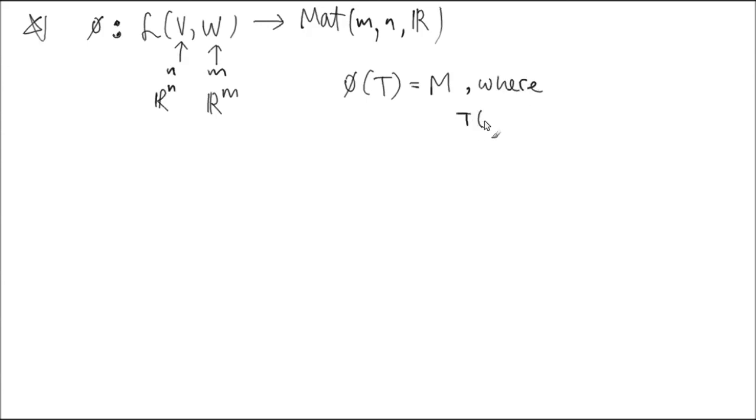T of v is given by Mv for all v in R^n. So there was this map. Now this is a vector space in here, and I showed my solution of this function being linear, right? Okay, so what is the null space of phi?